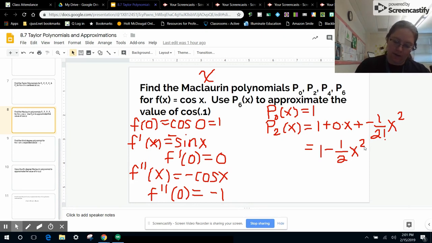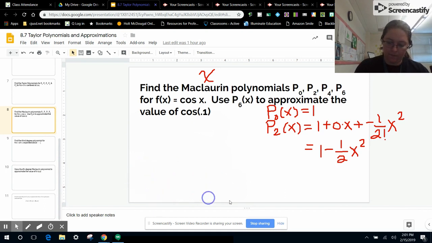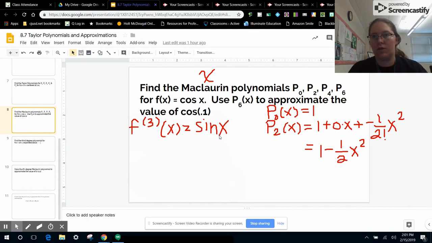All right, now moving on. I'm going to do my third derivative. The derivative of negative cosine is going to be positive sine. But again, sine of 0 is 0, so that's why the third degree is going to go away. So we're going to skip over to the fourth degree.